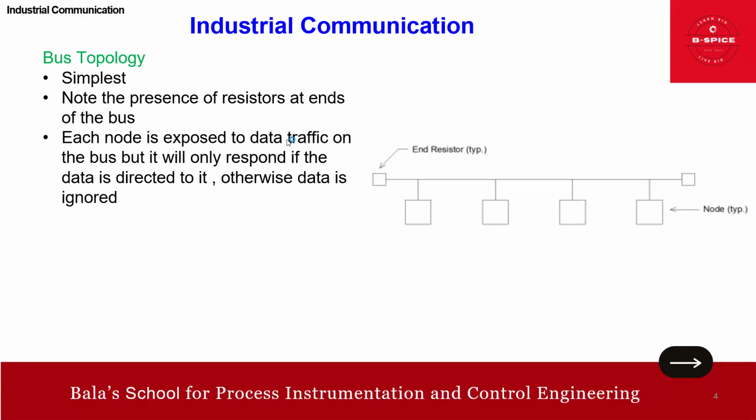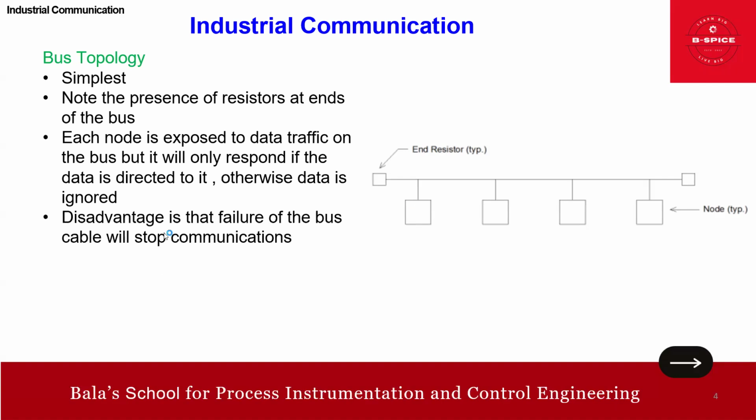Each node is exposed to the traffic data on the bus, but it will respond only if the data is directed towards it. Otherwise, the data is ignored. So the data will go, and this node will respond only if it is directed towards it. Otherwise, it will just ignore.